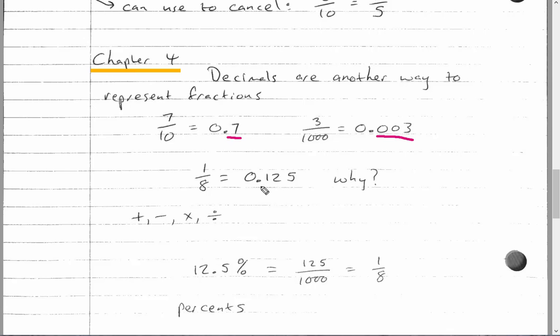Here we have a decimal with 3 places, but why is this decimal 0.125 equal to 1/8? Well, what do fractions mean? The fraction bar really means division. So this is really 1 divided by 8.